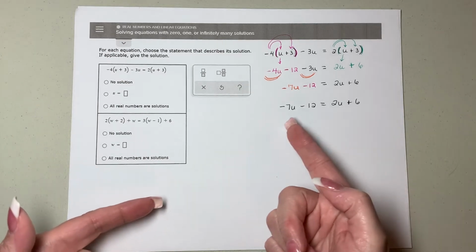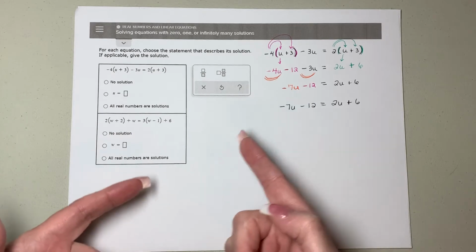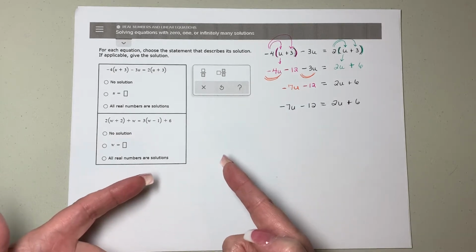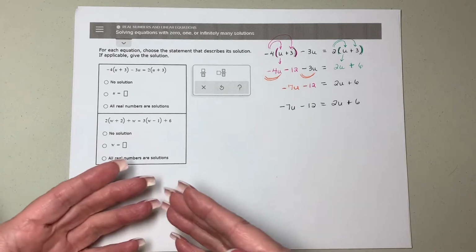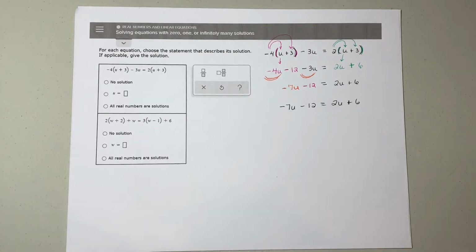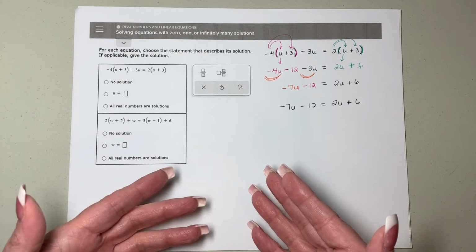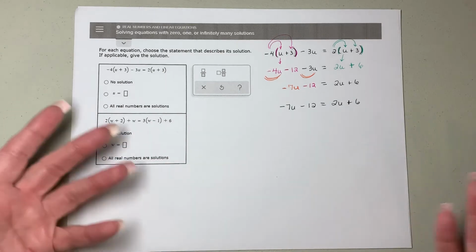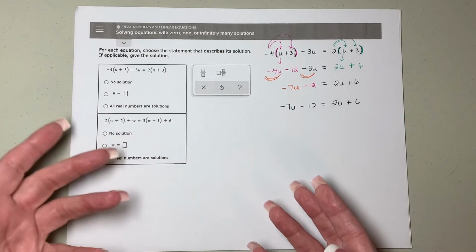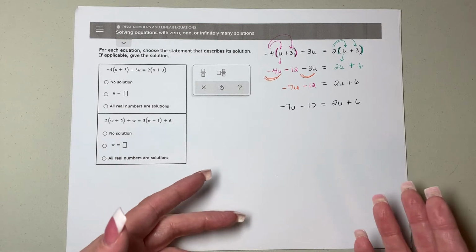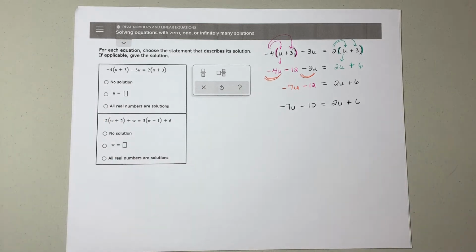Some people always want their variable, their letter, over here on the left, so that when they're done, it says x equals a number, or in this case, u equals a number. Other people would rather have a positive variable, so they might get rid of the smaller u. It really doesn't matter. I'll probably just go ahead and get it on the left because a lot of people like to do that.